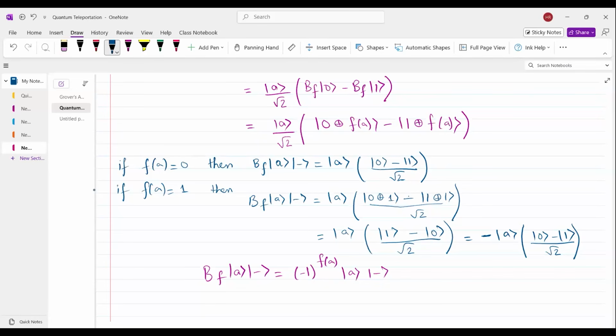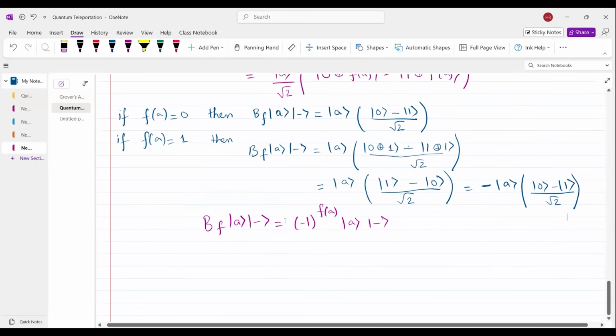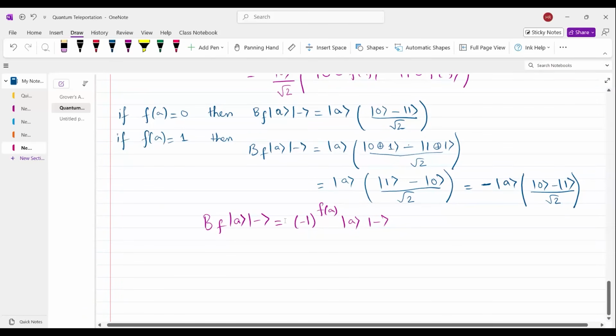So by applying a classical transformation on a quantum circuit with the ancilla qubit initialized to the minus state, we have seen the phase kickback effect, which gives a phase over the entire quantum state. This is very useful when working with quantum algorithms, which we will see very soon with Grover's algorithm as well.